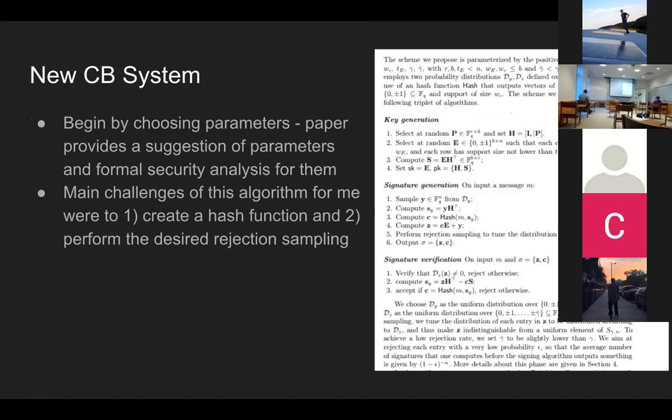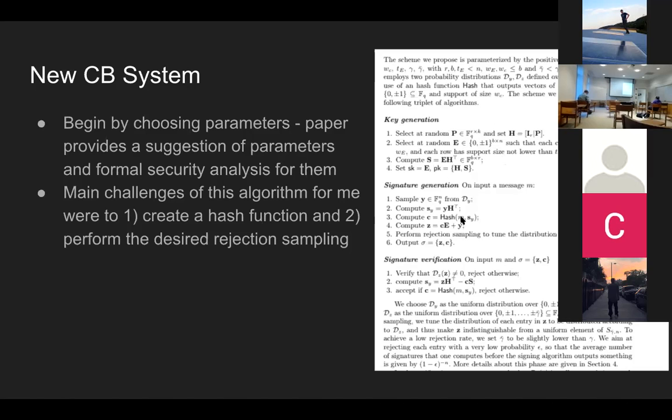So again, this one is pretty similar in terms of ideas. By relying on the syndrome decoding problem, we're basically just generating these random matrices with very specific properties like support size up here for the key generation.